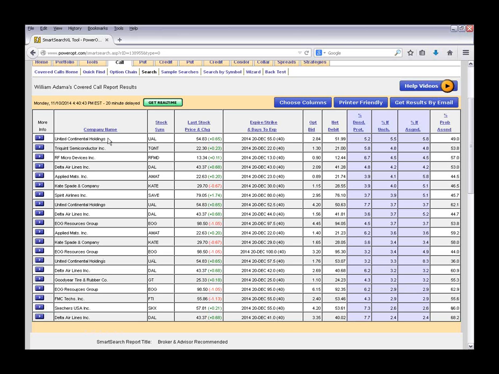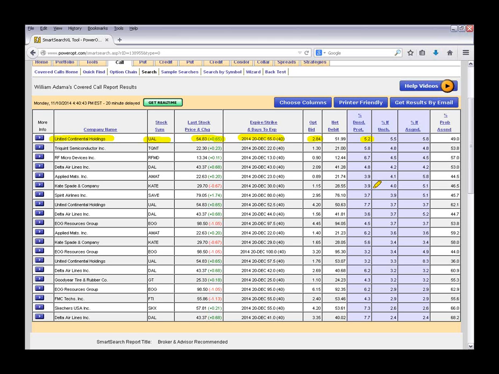Now just going across the line, we have our company name. This is just the default screen, the default columns. We have our stock symbol, UAL, current price of the stock, and then the change today. The strike price, so here looking at selling a December 55 call, which is 40 days out in time, against UAL, which is currently at 54.83. So it's sort of an at-the-money covered call. We could collect $284 for that call premium, and this would give us a 5.2% downside protection.